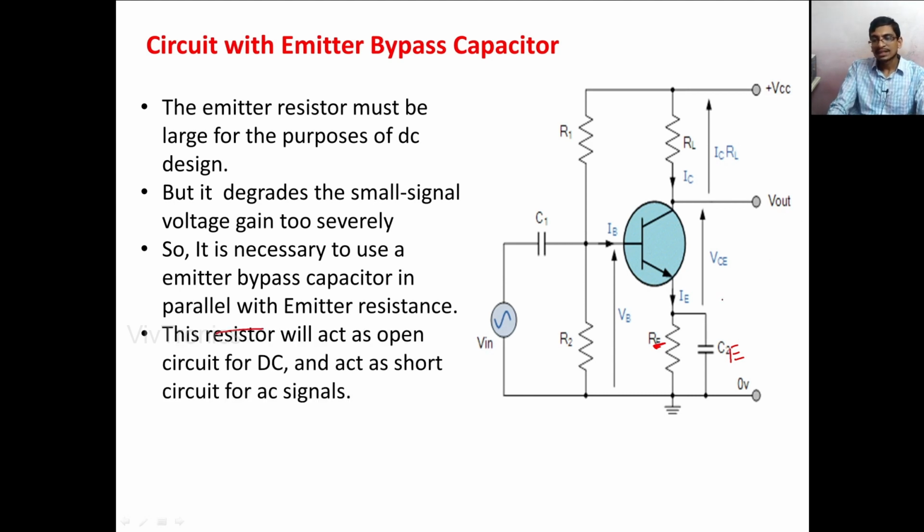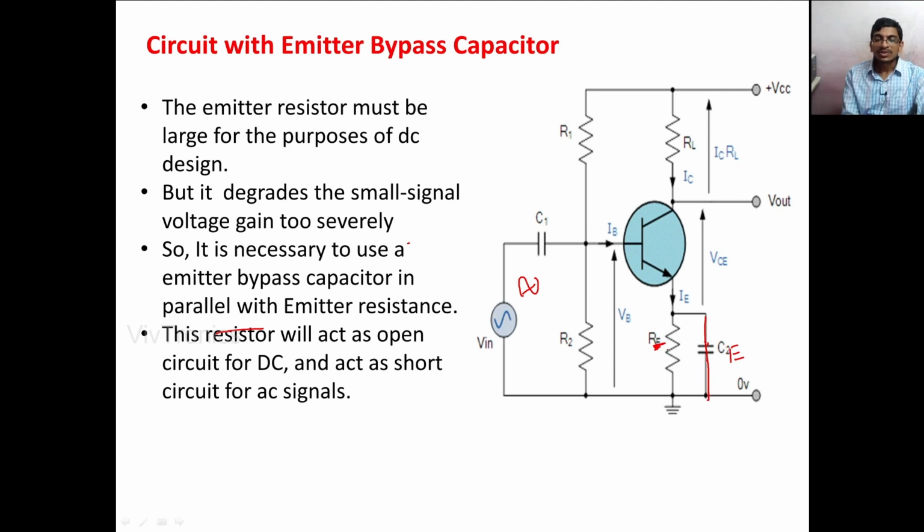This capacitor Ce will act as an open circuit for DC signals and like a short circuit for AC signals. If the signal is DC, it becomes an open circuit. At that time, in the emitter circuit we have Re alone that will stabilize the gain. When we apply the AC signal, the Ce capacitor will act like a short circuit.